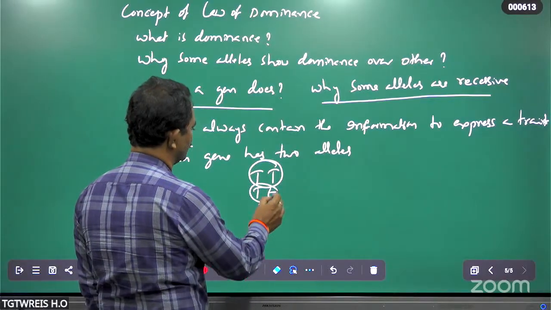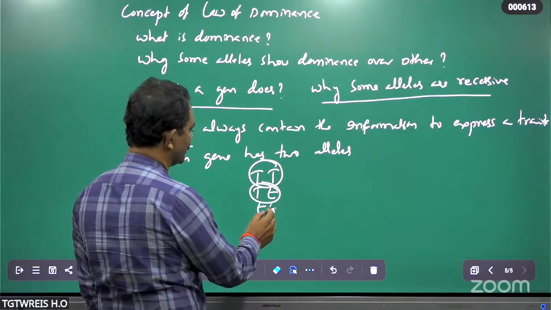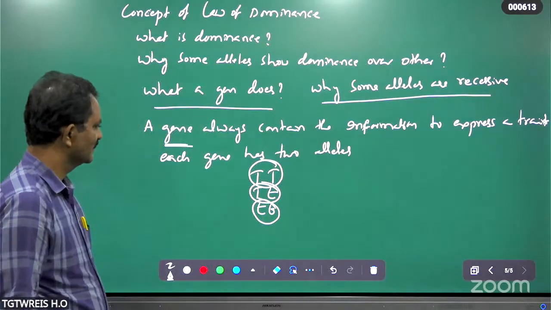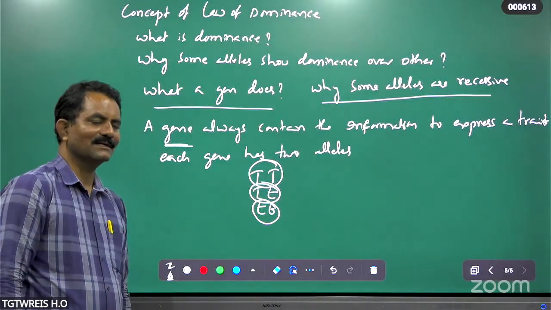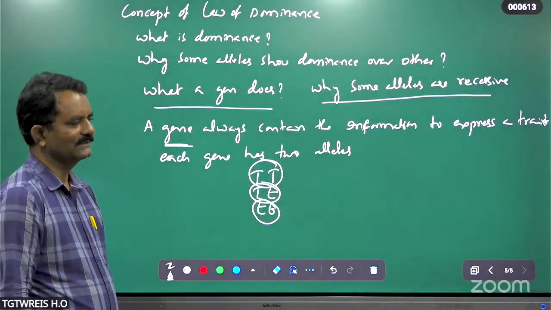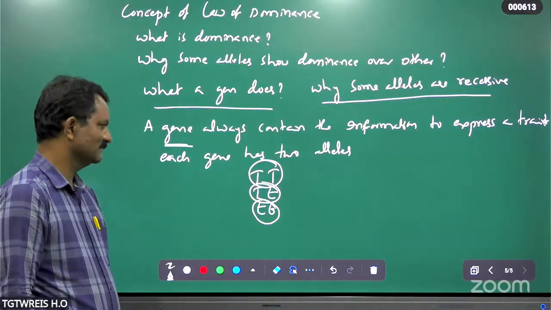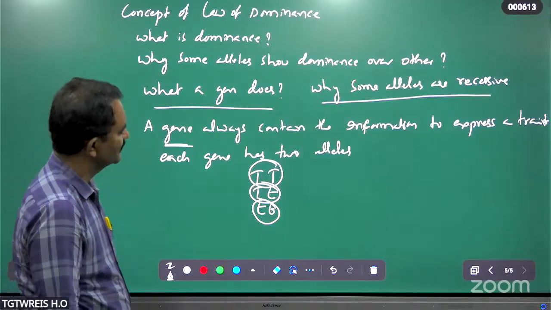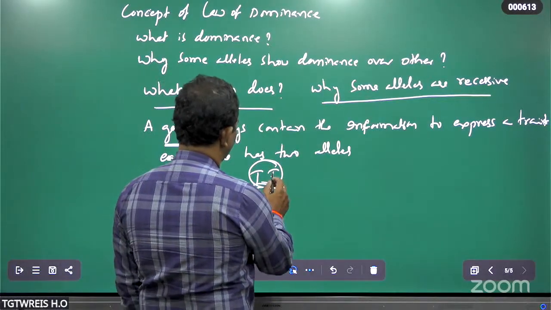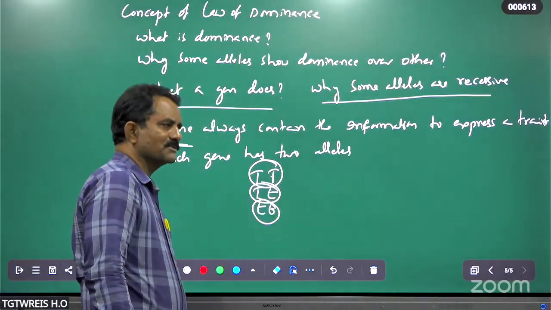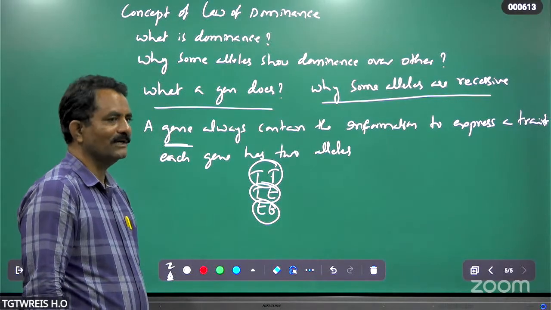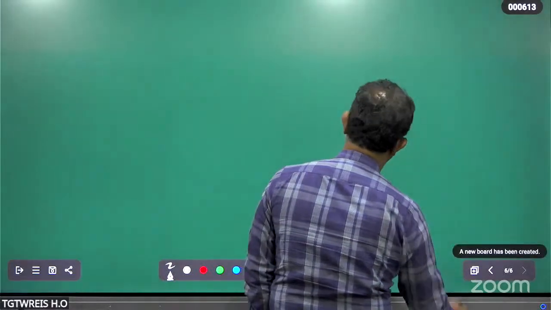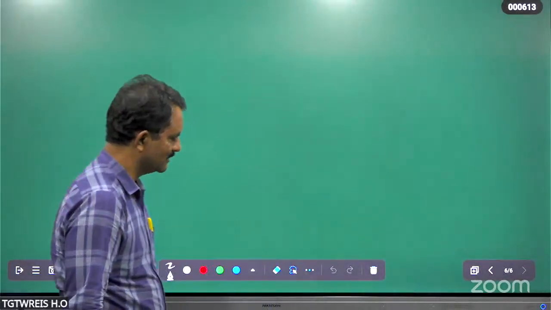These two are also alleles of the same gene, the gene that regulates the character of height. Height is regulated by a gene that has two alleles, two alternative forms of a gene. One allele dominates over the other. Why does one allele dominate over the other?